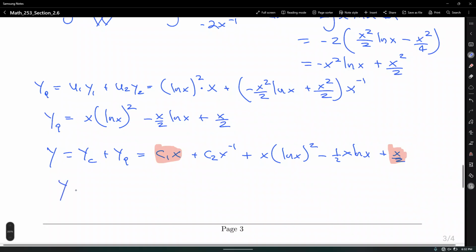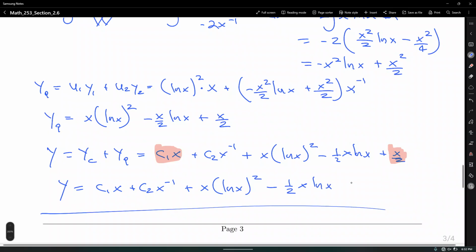So y equals c1 x plus c2 x to the negative 1 plus x ln of x quantity squared minus 1 half x ln of x. Final answer, perfect timing.